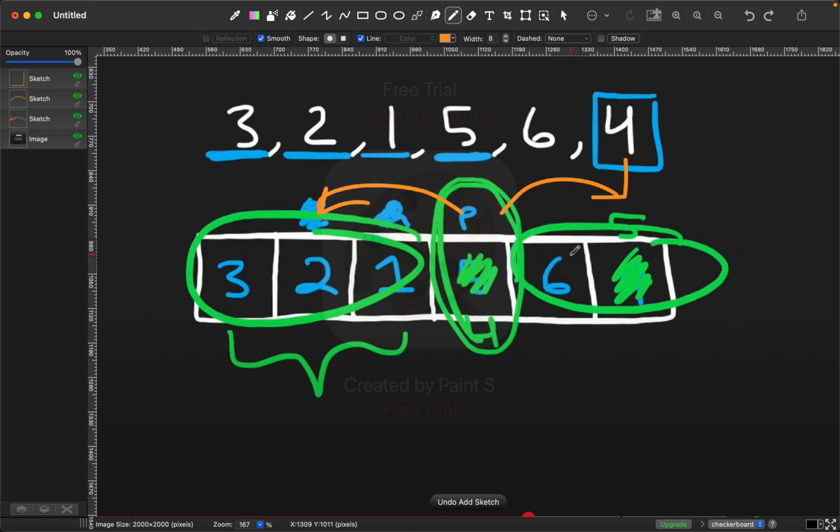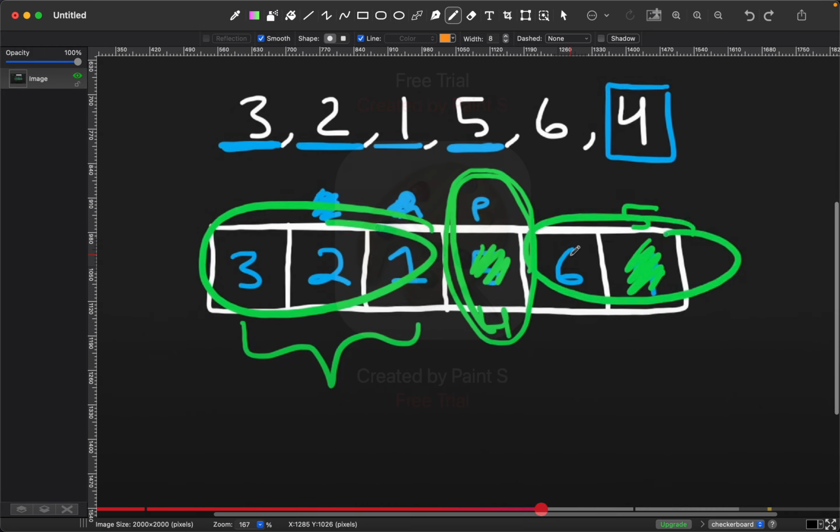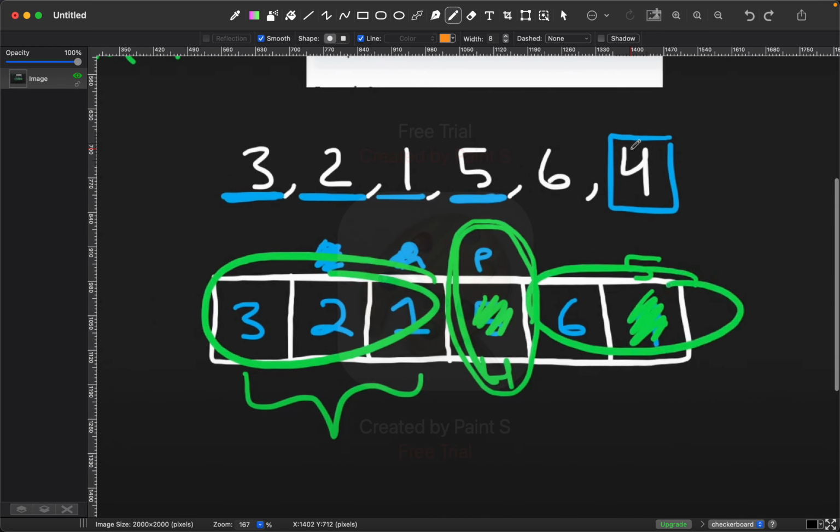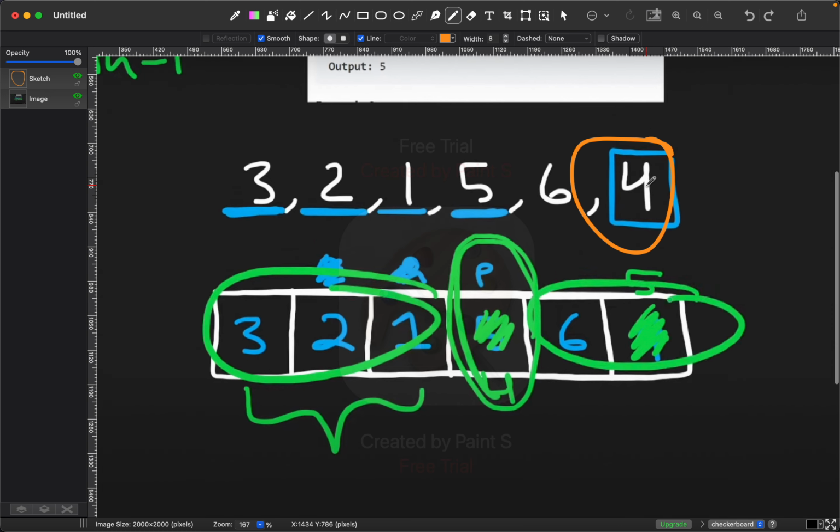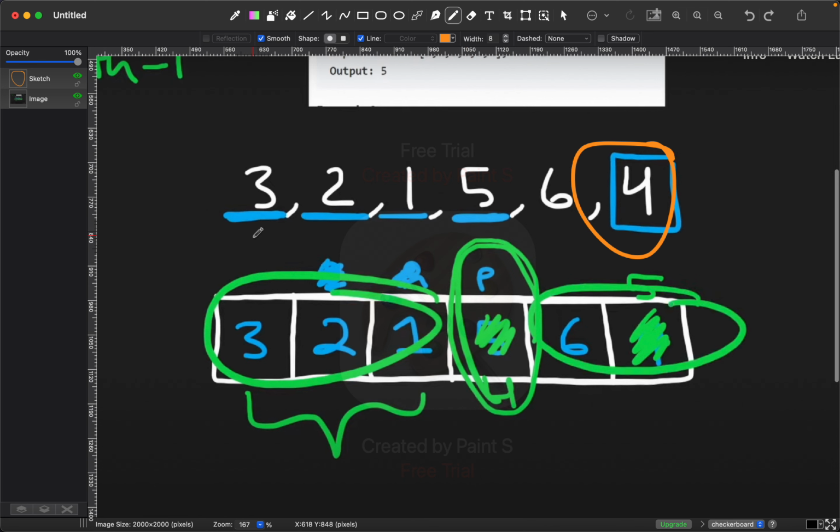And then for the rest of it, I was basically talking about this being the pivot point. At the very get-go, they set this thing as the pivot point. They start comparing.